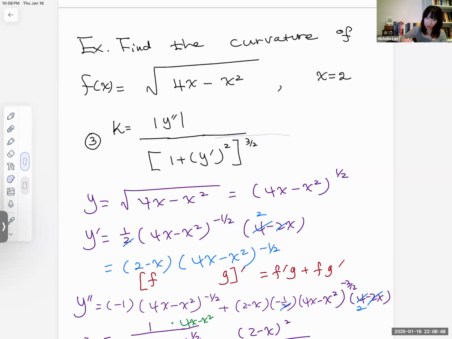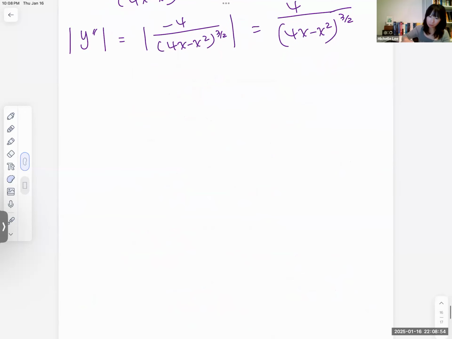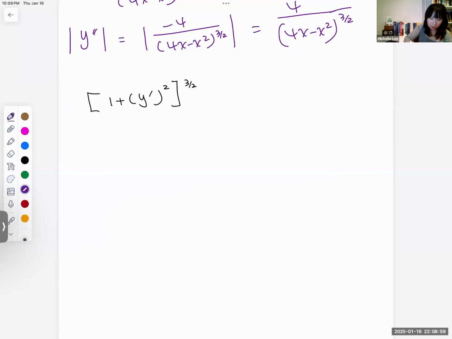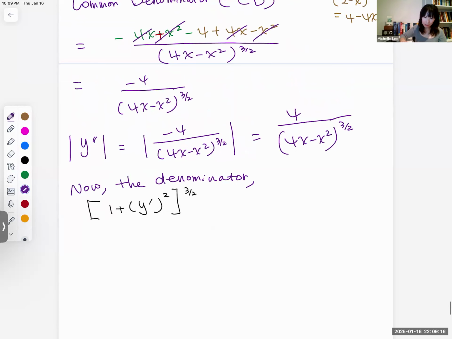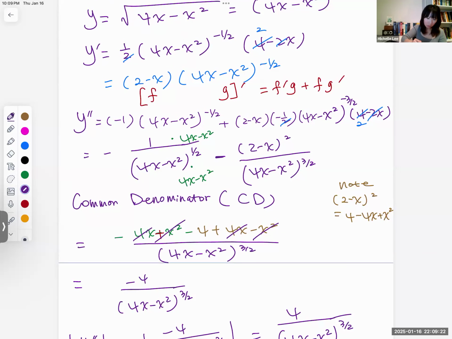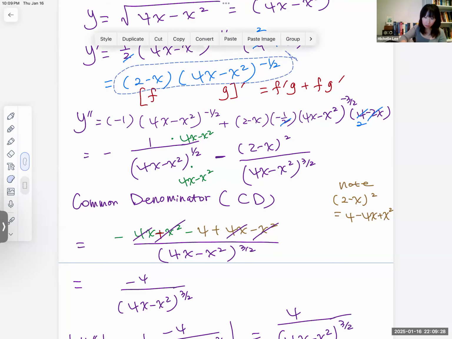We needed the denominator, right? So the denominator involves y prime.